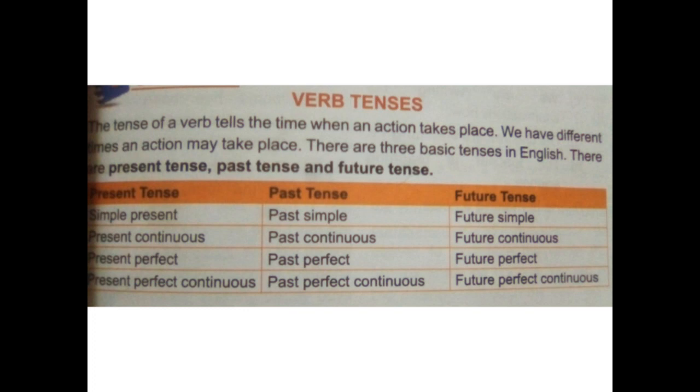We have the simple present, the present continuous. Many of the students are aware of this aspect, but also we have the present perfect and the present perfect continuous tenses. Like I said, our major focus will be on the present tense. Subsequently, we're going to be looking at other tenses, the past tense and the future tense. But let's take it one at a time.